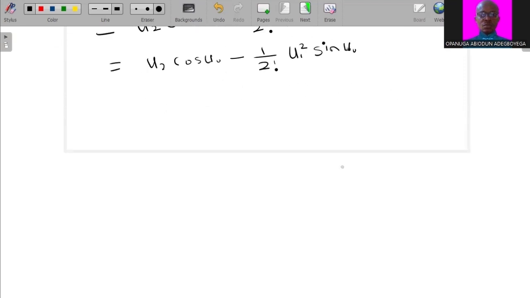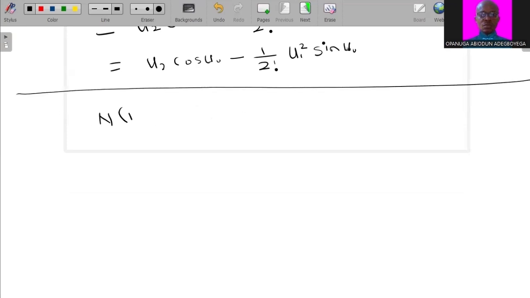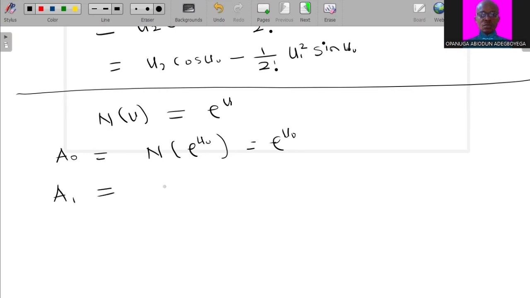And finally, we look at a situation when we have our nonlinear term as exponential u. For A_0, that will be N of u_0, which is no differentiation, exponential u_0. Then for A_1, we have u_1 N prime of exponential u_0. Differentiating that once gives u_1 exponential u_0.